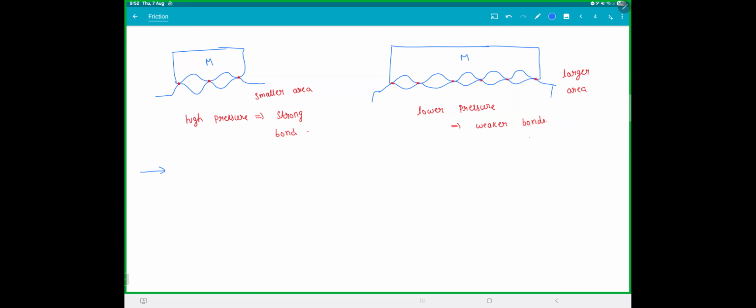If you take two blocks, same mass, same type of surface, but one has a bigger area and one has a smaller area, the friction remains the same. So friction only depends on the nature of the surface, not how much surface is in contact. Because generally it gives you a feeling that if you have more surface, there should be more friction. That's not how it works. Again, we are taking all ideal cases.